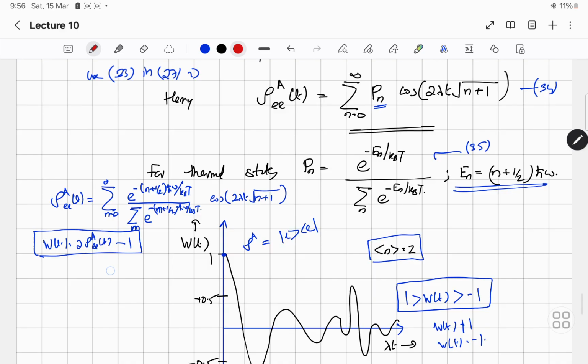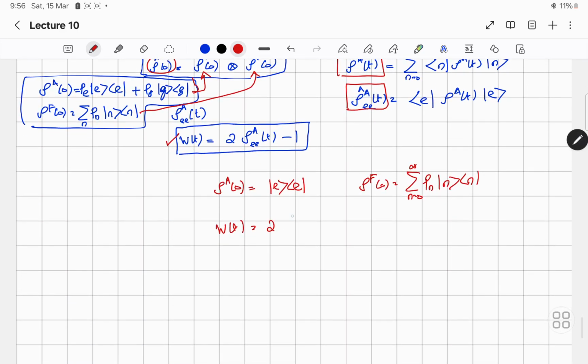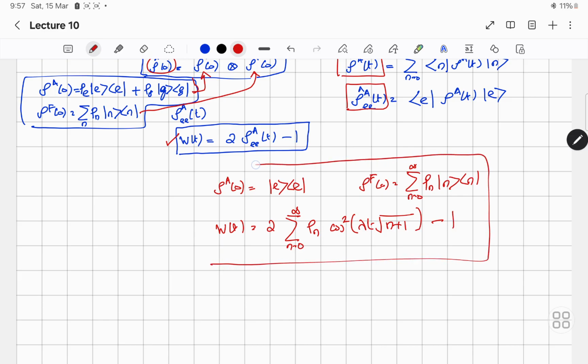It would be 2 times sum over n equal to 0 to infinity P_n cos square (lambda t square root of n plus 1) minus 1. So this is for this particular example that we have discussed here, but in general it need not be of this particular form. The form may be different.